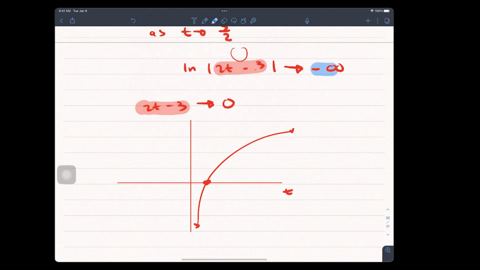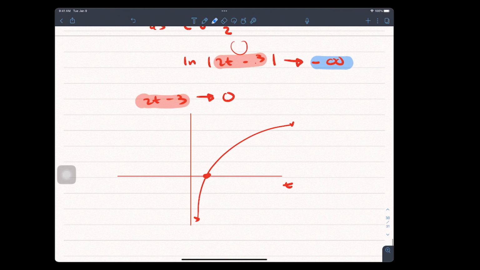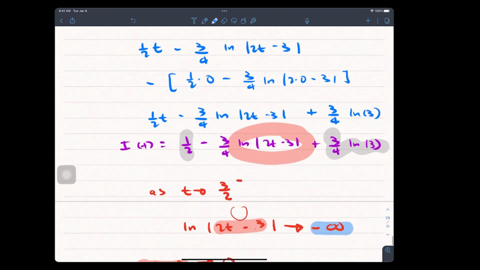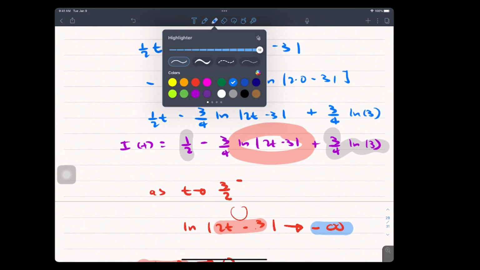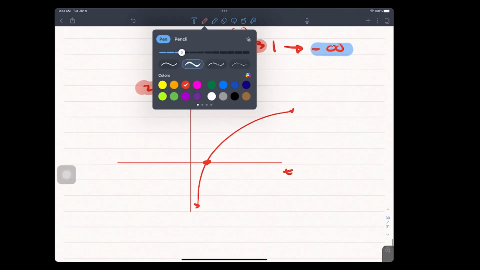So what does that mean? It doesn't matter that this is a constant and this is a constant. This is still going to negative infinity.